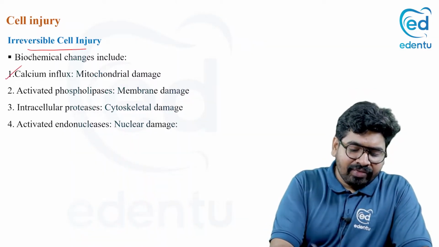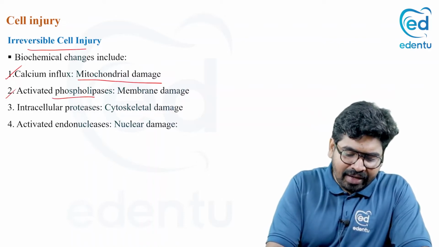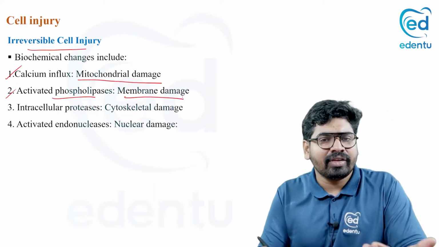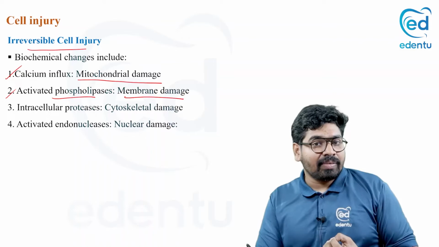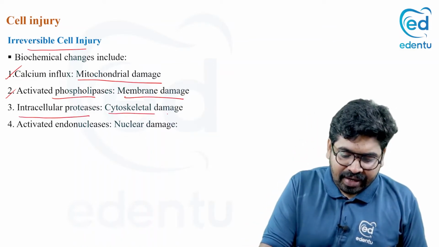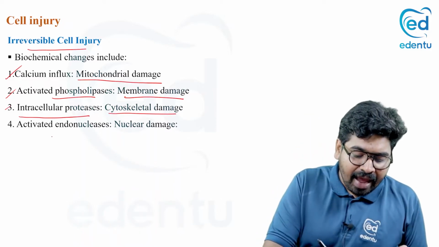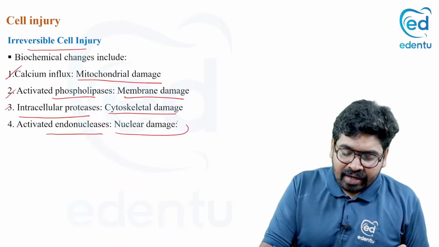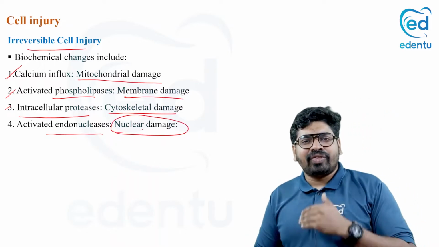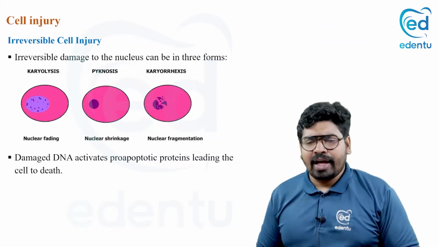The calcium influx will damage the mitochondria. The phospholipases, activated by calcium, will damage the membrane. The intracellular proteases will damage the cytoskeletal structures, your keratin, your tonofilaments, and endonucleases will damage your nucleus. So finally, in irreversible cell injury, the nucleus is also damaged.